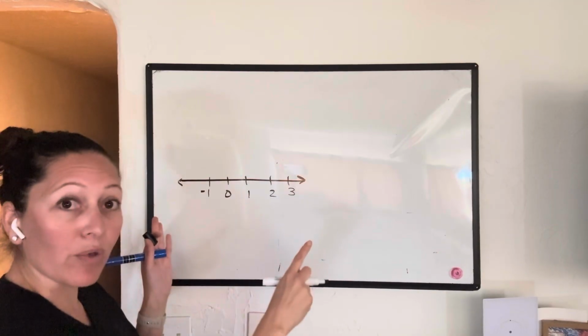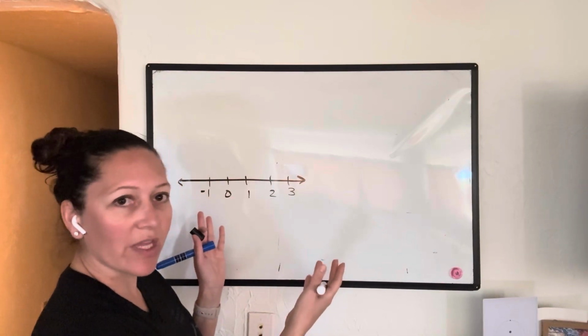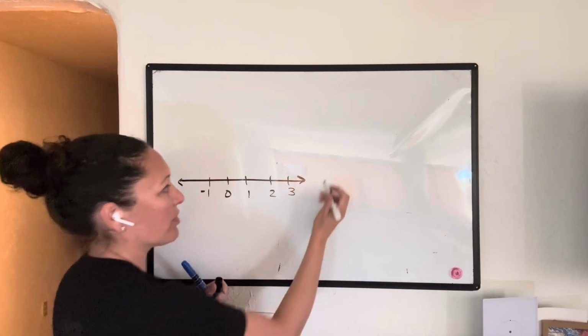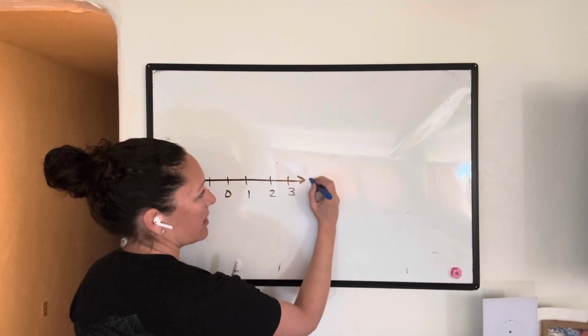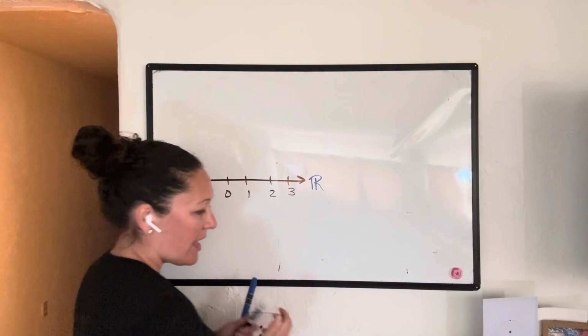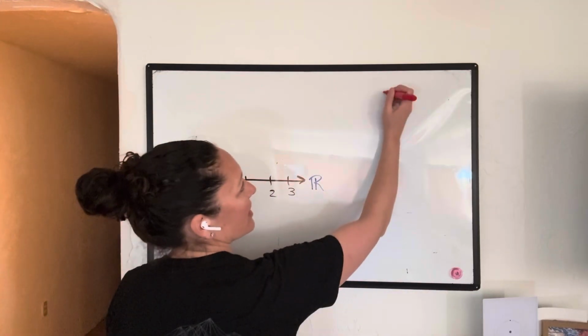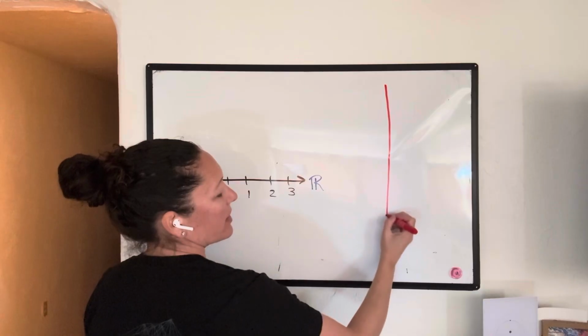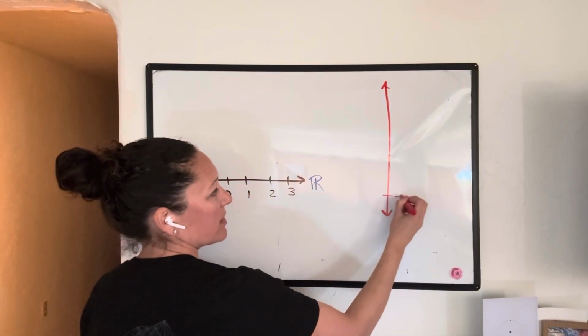So is this the real number line or the imaginary number line? It's the real number line. So we would label this as the real number line. And then there would be problems where it looks kind of like a number line, but it was going up and down on the page.